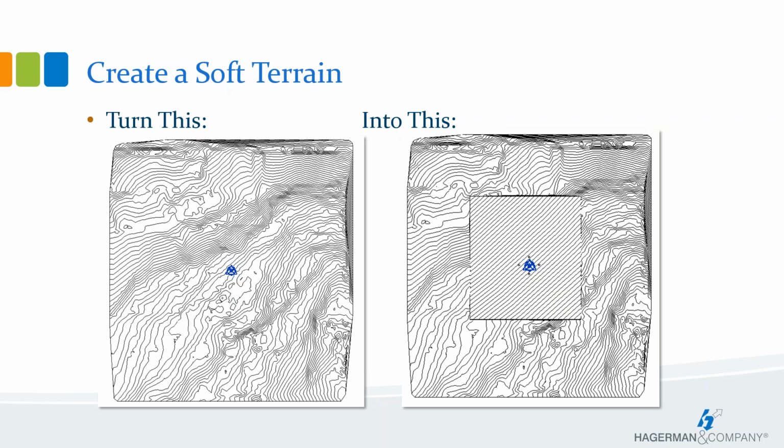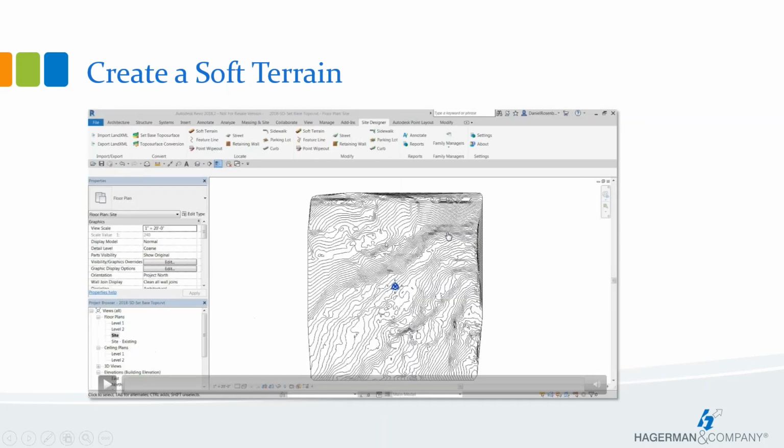You can have it set to any elevation you need, and the software will grade the site to connect to it. Very cool stuff. So in this example, I have a small berm connecting the site to my soft terrain, which is set to be 3 feet offset from the average slope of the site. So we'll go ahead and take a look at that now, and we'll see how this works.